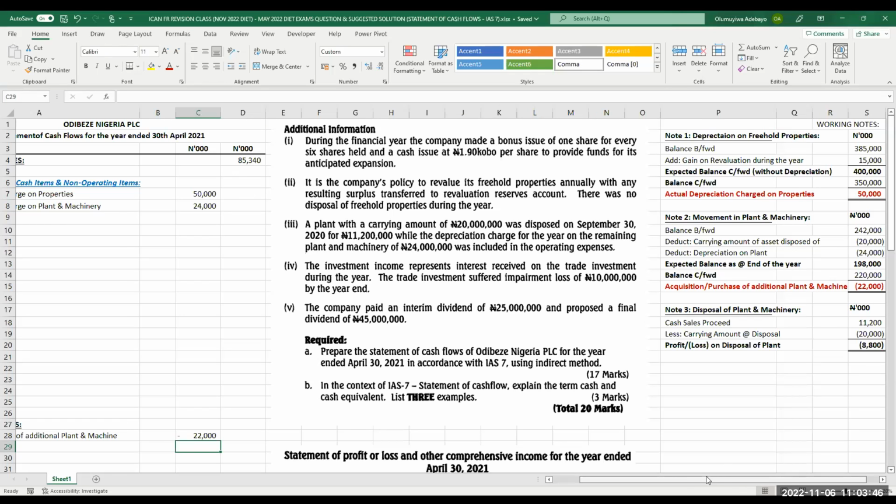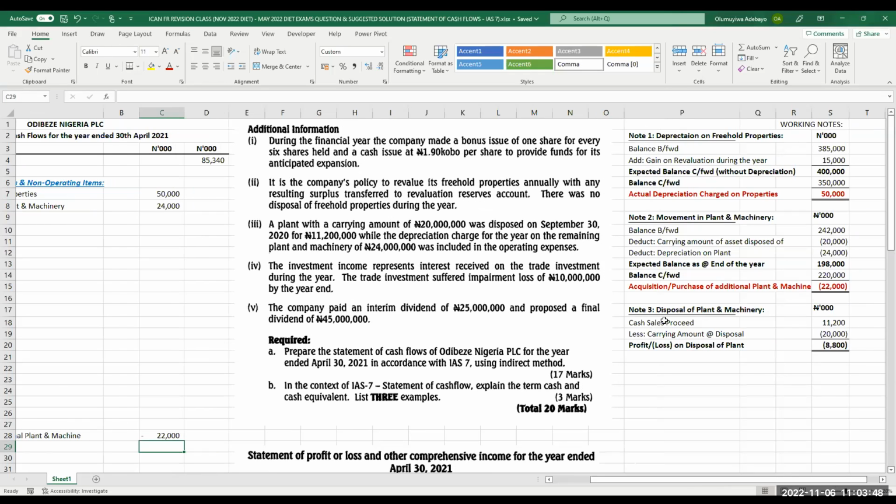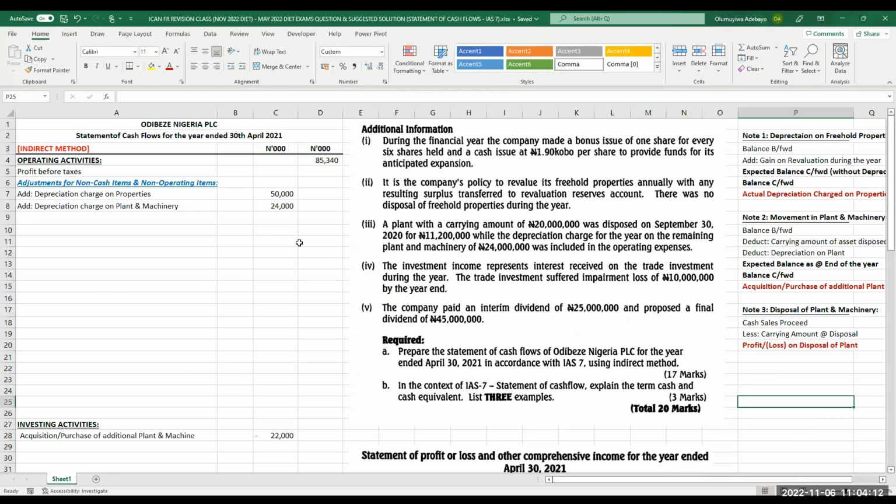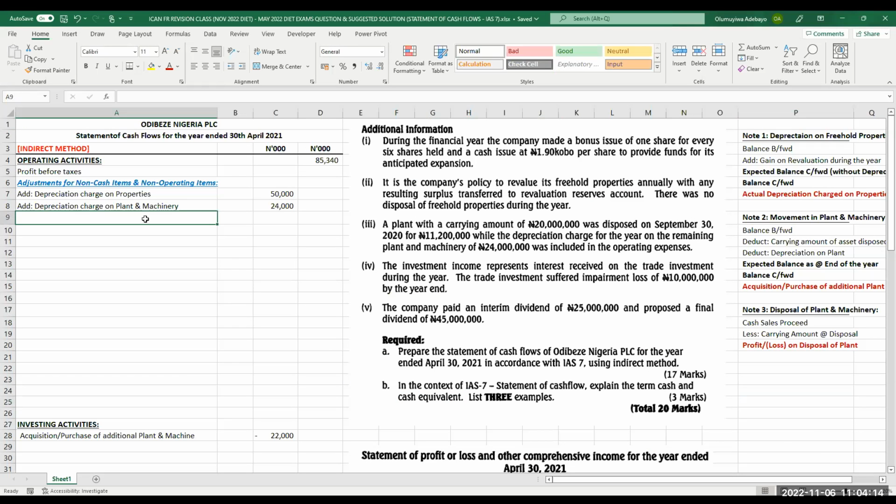Okay. Next one. Disposal on plant gave us a loss. A loss on plant will have reduced our profits. Therefore, because it's a non-cash item, it shouldn't have been deducted. What do we do?